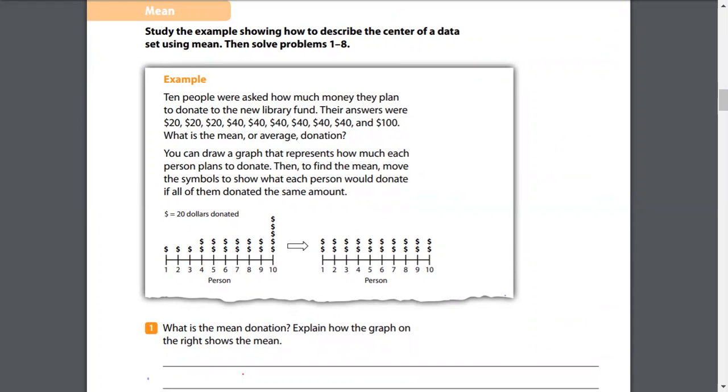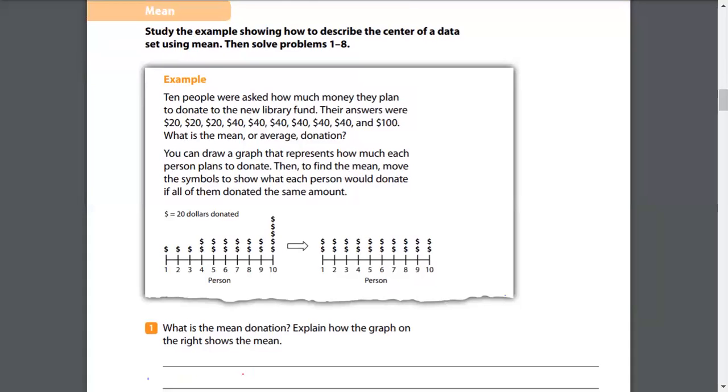It says you can draw a graph that represents how much each person plans to donate. Then to find the mean, move the symbols to show what each person would donate if all of them donated the same amount. The donations appear to be in increments of $20. So you graph down here, and then you have the number of people. What we did, they put dollar signs.